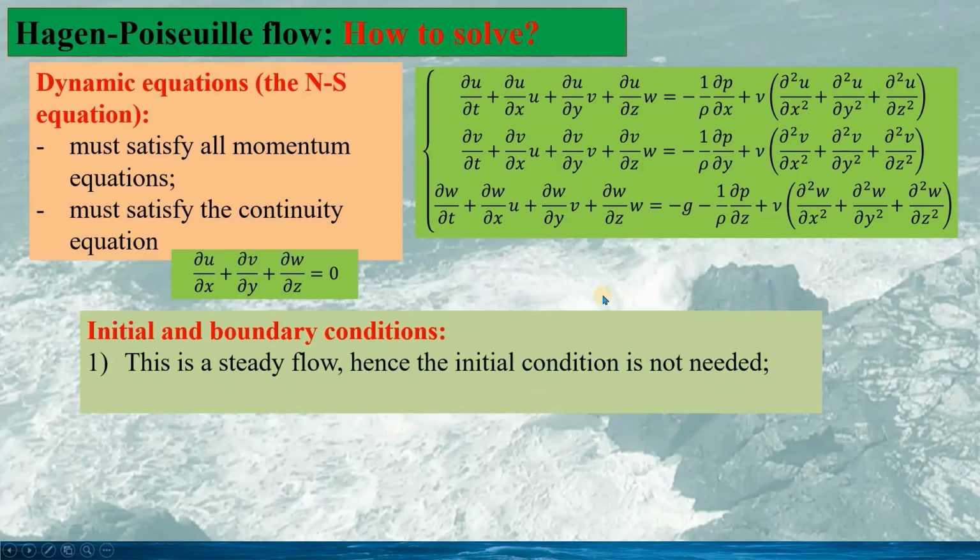Since here we consider a steady flow, the initial condition is not needed. And for the boundary condition, it would be the no-slip condition on the pipe wall because the flow is viscous.